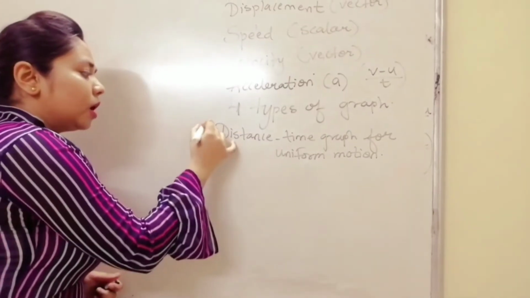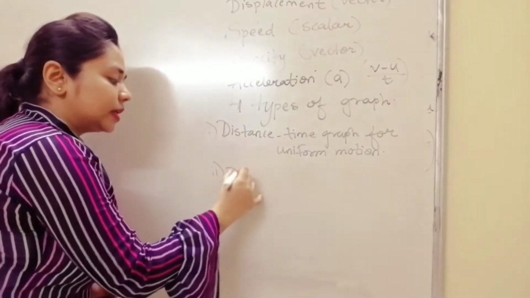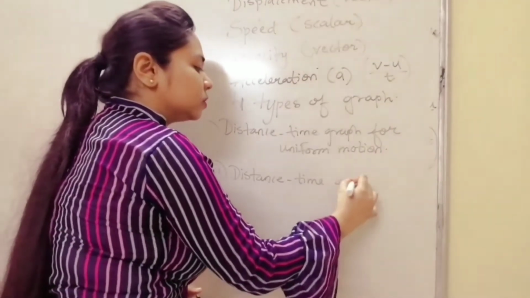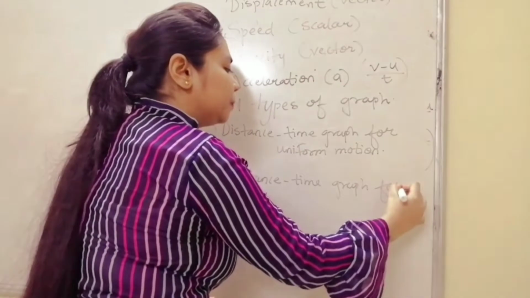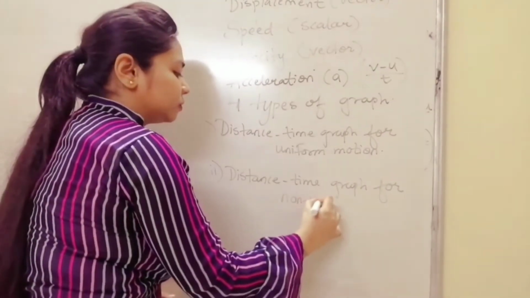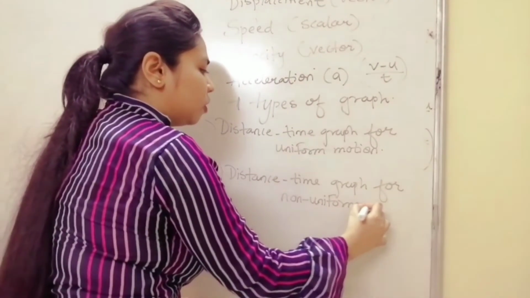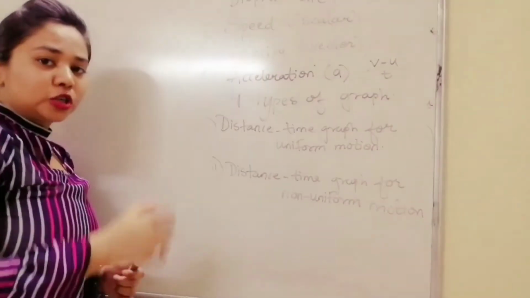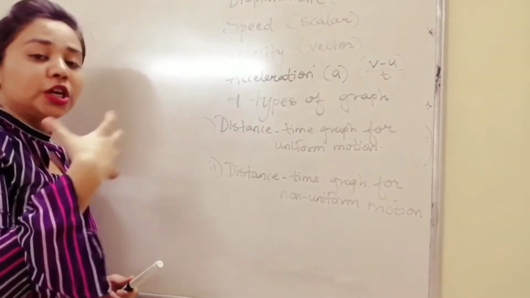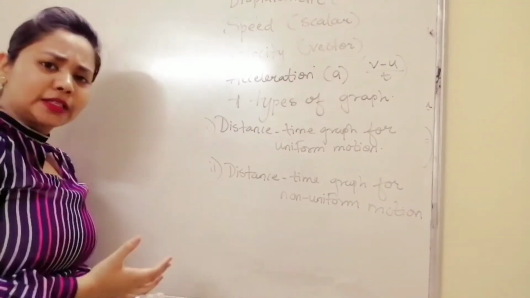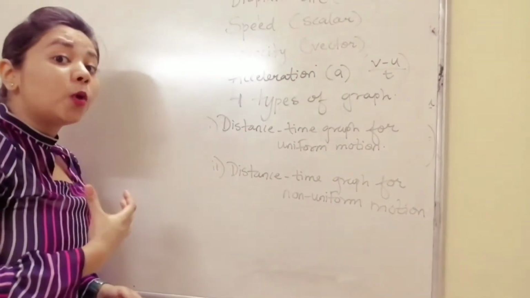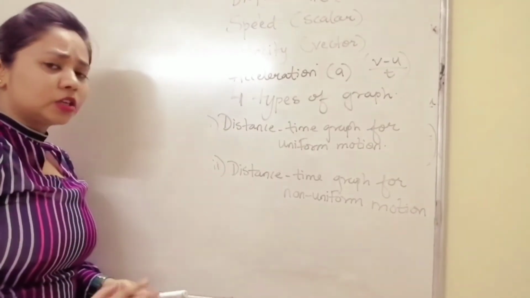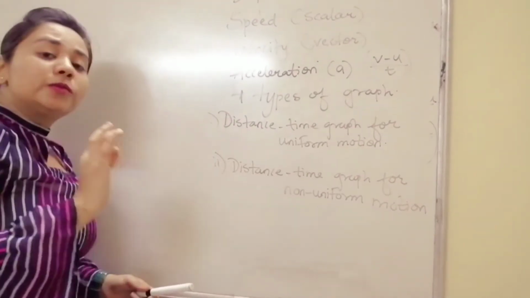Then we studied the second graph, the distance time graph for non-uniform motion. For uniform motion, whether uniform velocity or uniform acceleration, the graph will always be a straight line graph. It can pass through the origin or not, but it will always be a straight line.